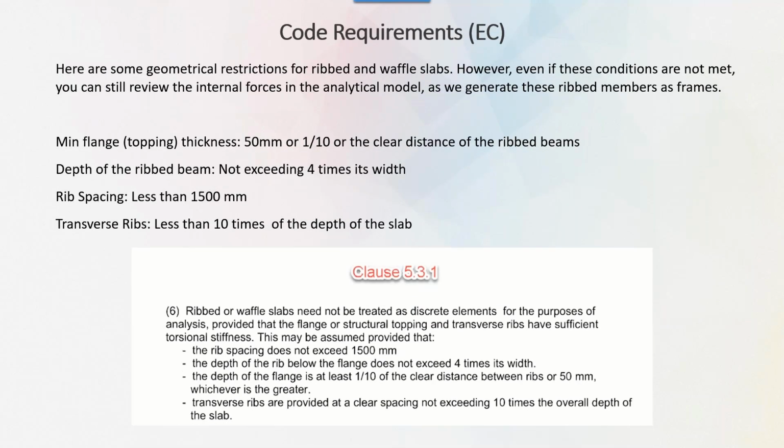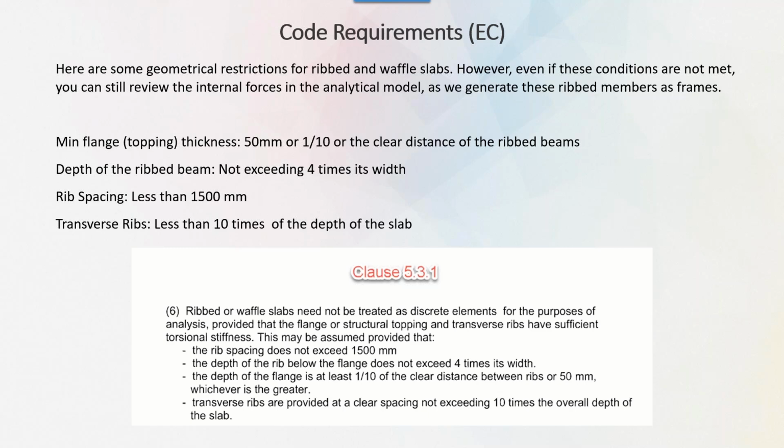There are also some code requirements. Regarding the Eurocode, the minimum flange topping thickness can be 50 millimeters or 1/10 of the clear distance of the rib beams. The depth of the rib beam will not exceed 4 times its width. Rib spacing will be less than 1.5 meters.